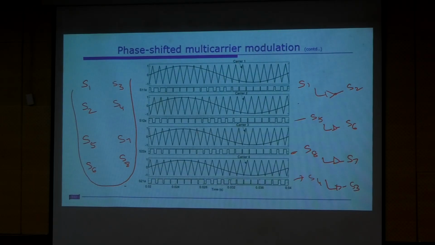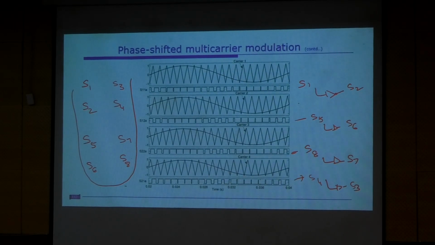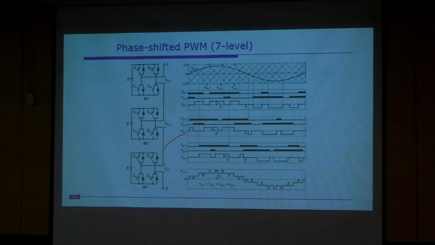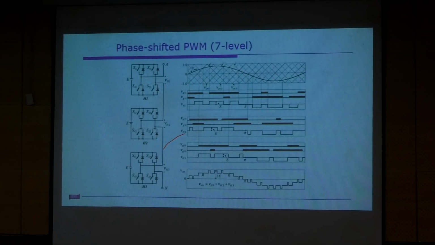Starting from switch S1, all pulses are the same, all of the same frequency, but they are just shifted. Nothing else was done. The first and second pulses may be shifted by 90 degrees, the second and third shifted by 90 degrees, and the third and fourth shifted by 90 degrees. That's all. By doing this, all are operating in unipolar PWM mode and you get the phase voltage output. Understood?